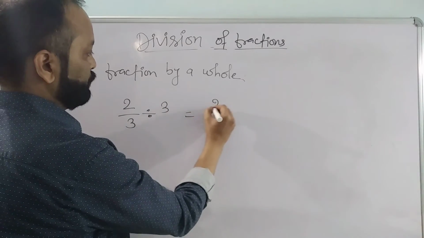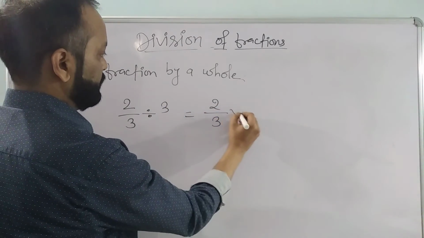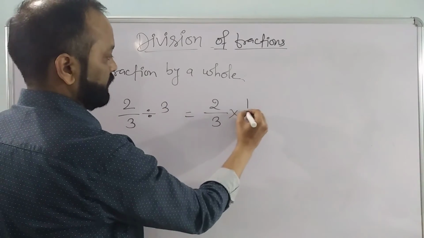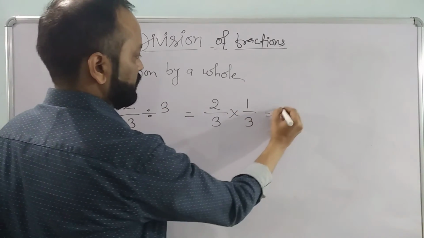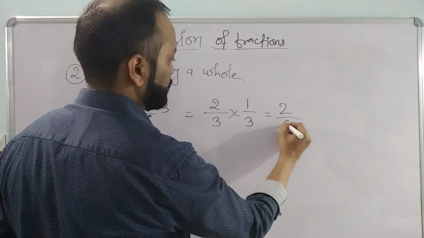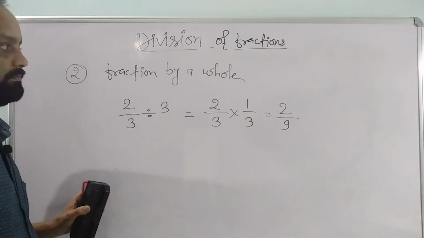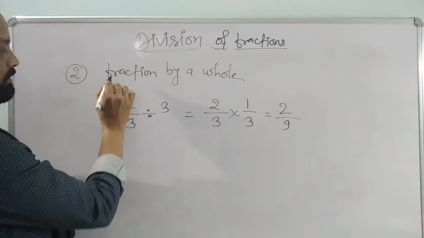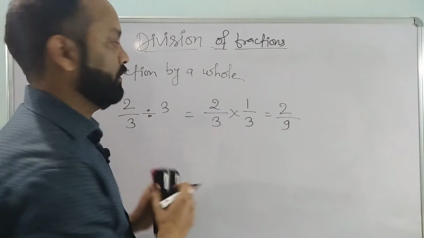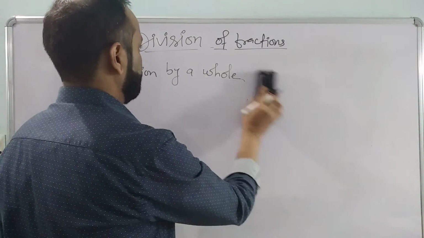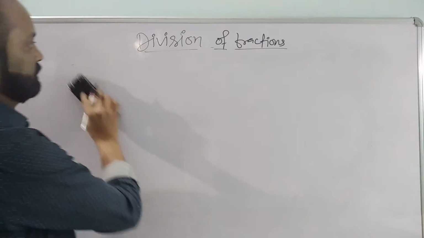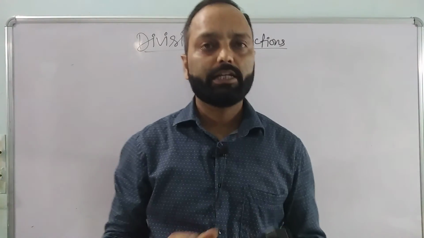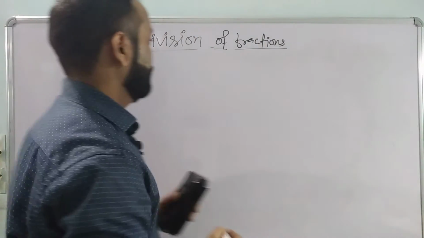So this will be 2/3 into the reciprocal of 3, which is 1/3. So this will be 2/9. Okay, so this is the second concept whenever we are dividing a fraction by a whole. So this is basically the multiplication and division of fractions.